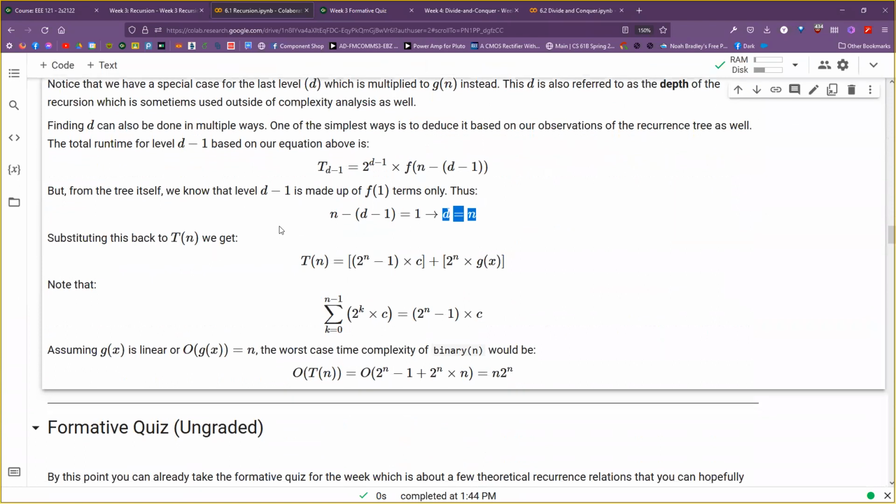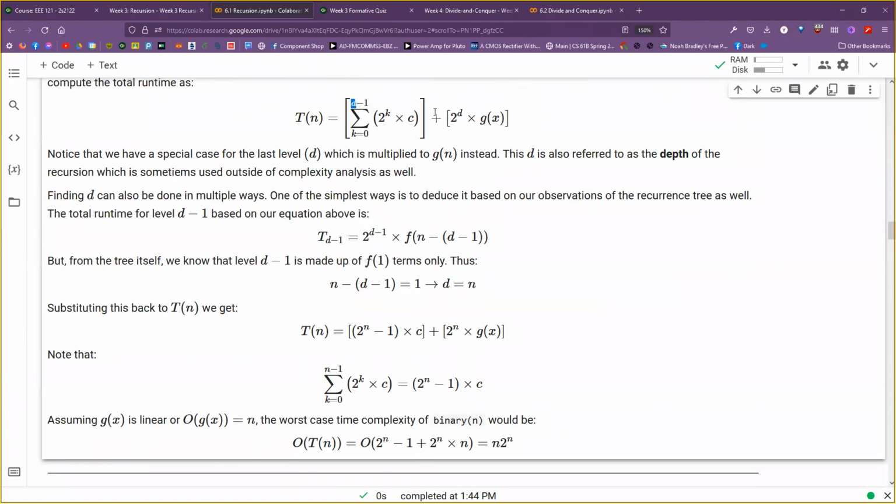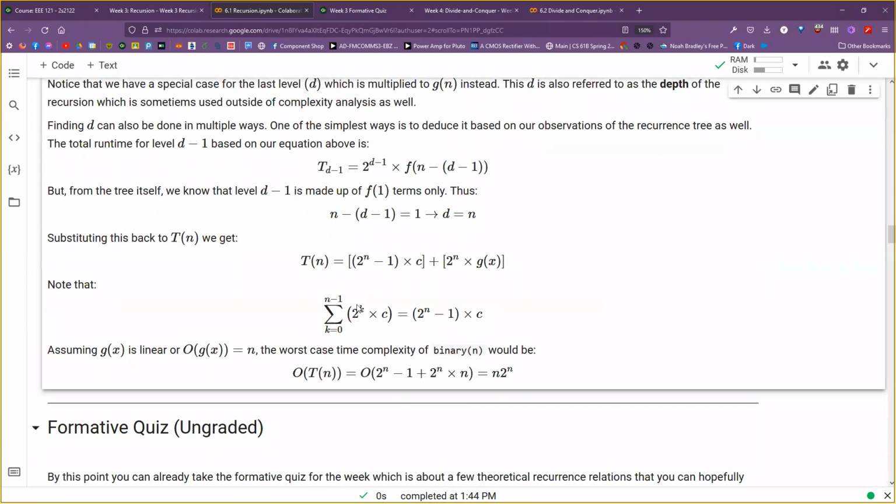So once you get the depth, just plug it in here for d. And then you'll get this expression, from 0 to n minus 1, so it's no longer d, of 2 to the k times c. And it can simplify to 2 to the n minus 1 times c.